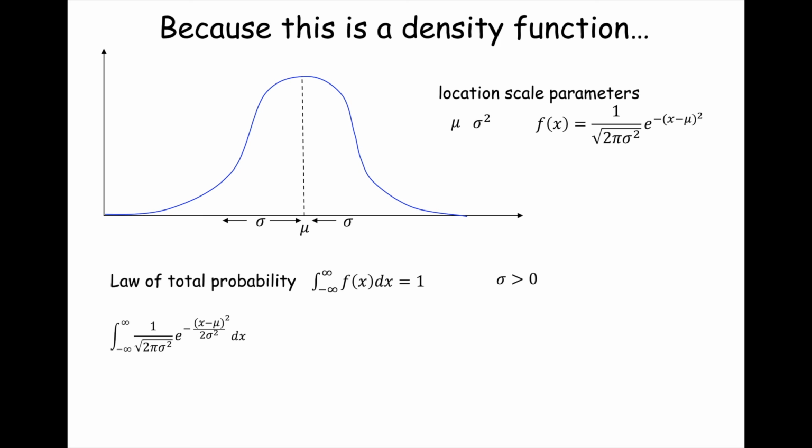Let me just write it on the board. f of x is equal to 1 over radical 2 pi sigma squared e to the minus 1 over 2 sigma squared x minus mu quantity squared. Okay, I don't know why there's a typo. That up top is wrong. This is correct down below.